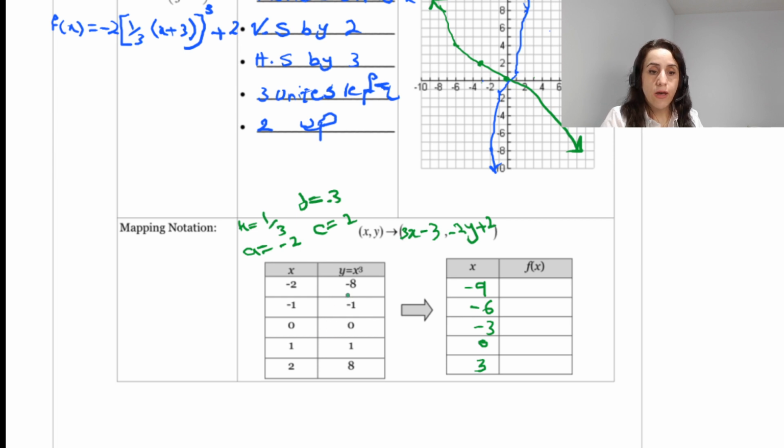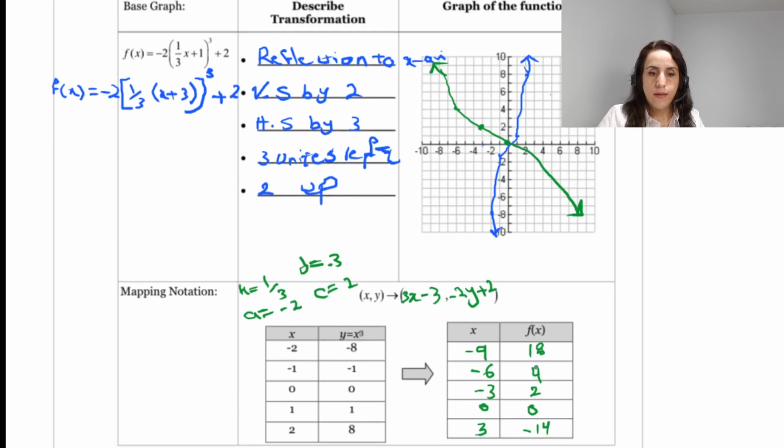For y: negative 2 multiplied by negative 8 is 16, 16 plus 2 is 18. Negative 1 multiplied by 2 is 2, and 2 is 4. And 0 makes 2. 1 makes 0. And 8 makes negative 14.